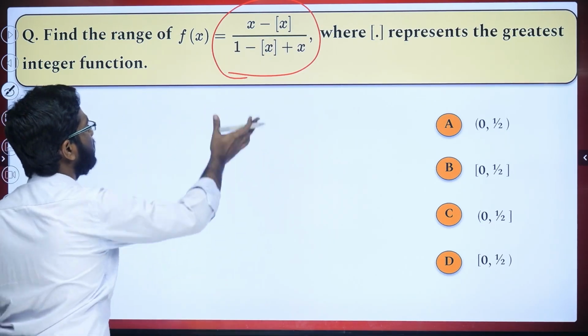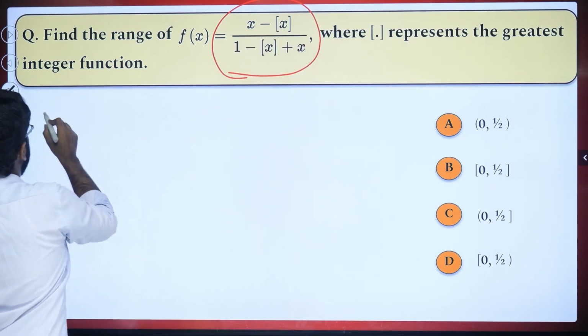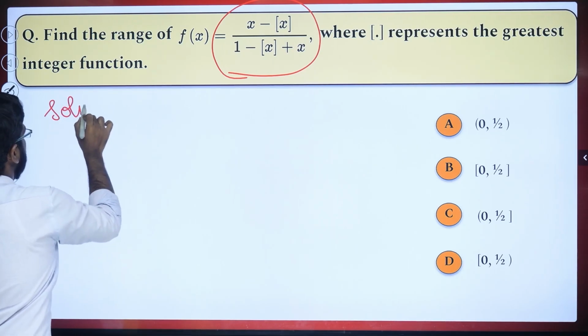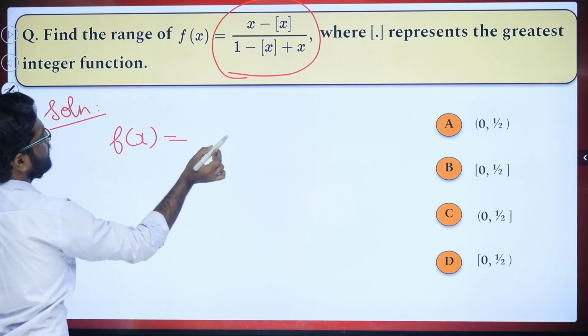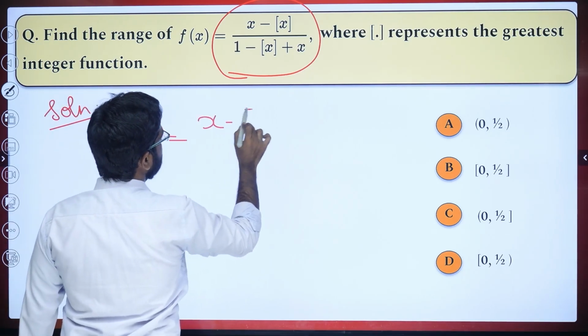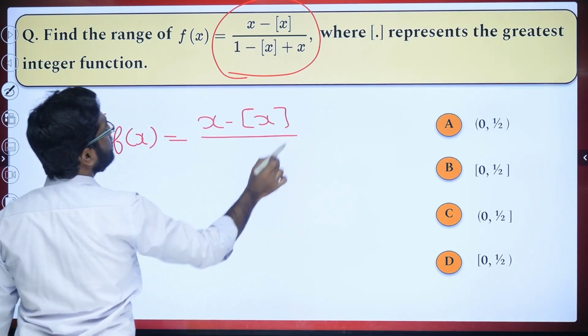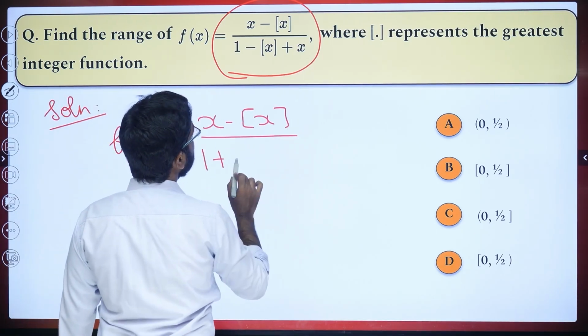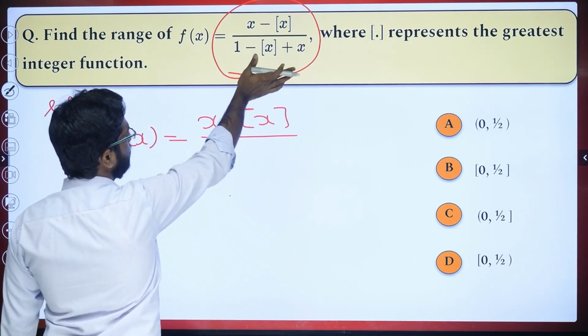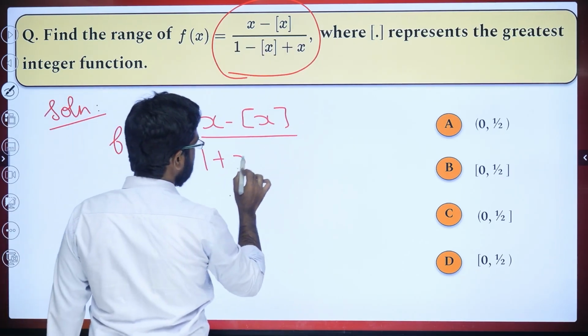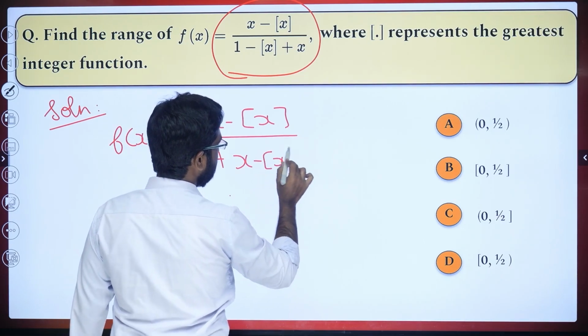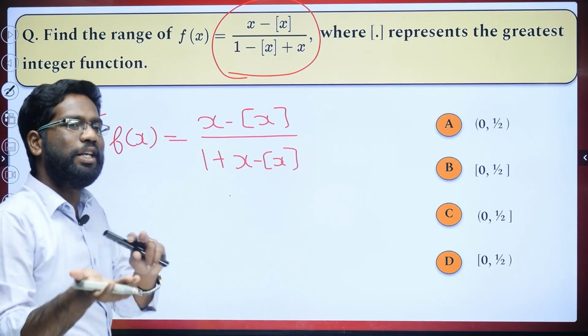They have given the function like this. Now the solution: f of x is equal to x minus greatest integer of x divided by 1 minus, here what I am going to do is x minus greatest integer of x, just I have replaced, my dear students.